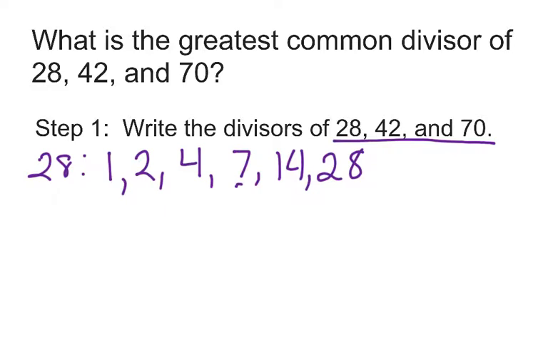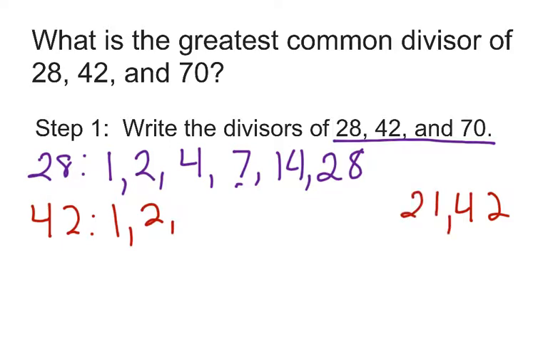Let's look at factors of 42. Well, we have 1 times 42. 42 is even, so 2 is a factor, and we know that 2 times 21 is 42, so 21 is a factor. 4 plus 2 is 6, so 3 is a factor, and 3 times 14 is 42. 4 is not a factor of 42. 5, of course, is not, because it doesn't end in a 0 or 5.